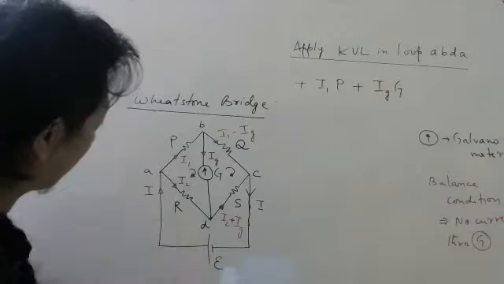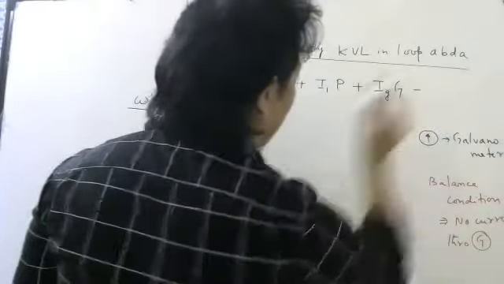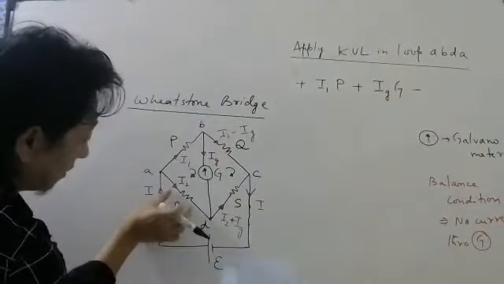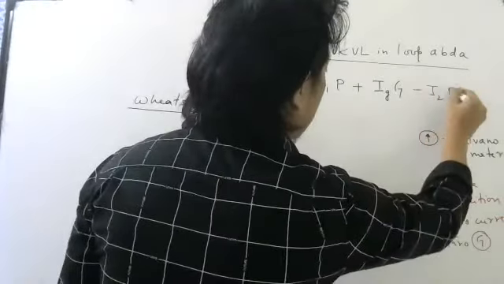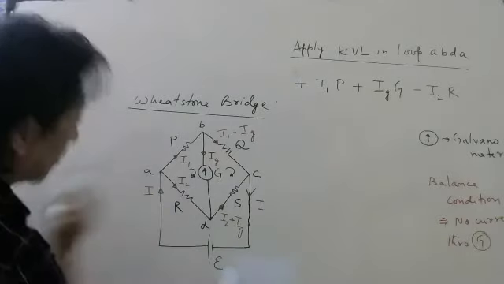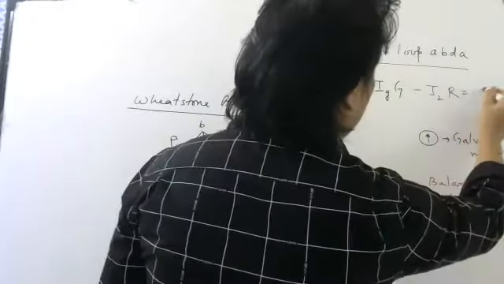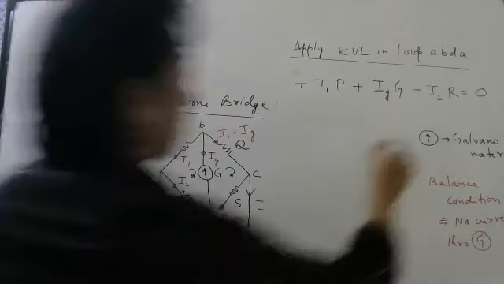Current I have shown this side, but here I am moving opposite. So what should I write? Minus. What is the potential difference? Current into resistance. Right? Once you reach this point, the algebraic sum should be 0. Okay? So call this equation 1.